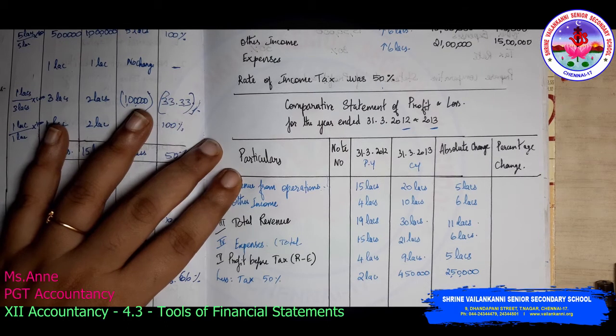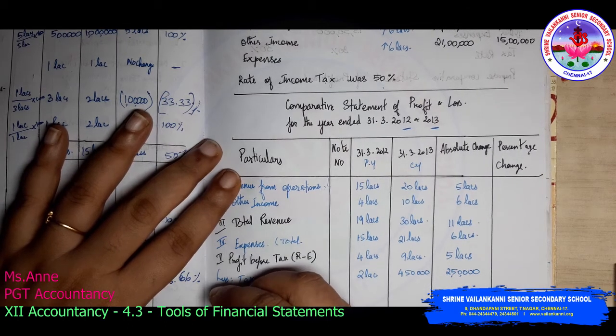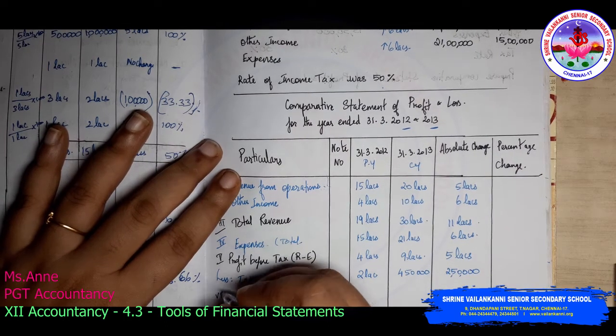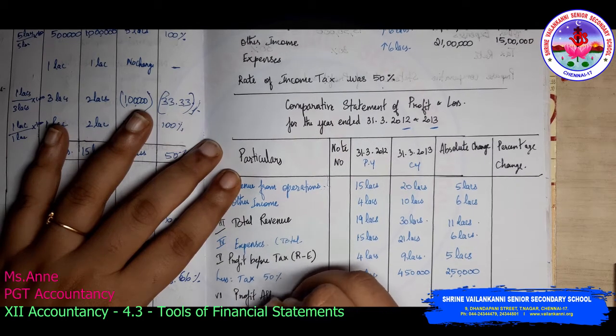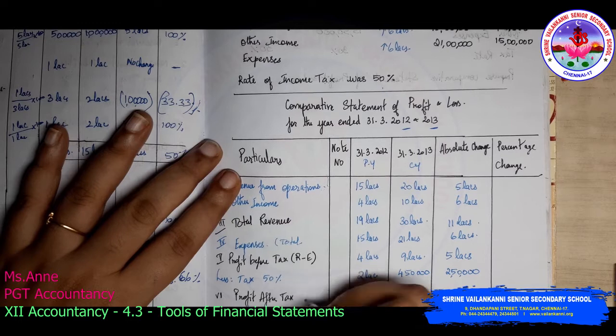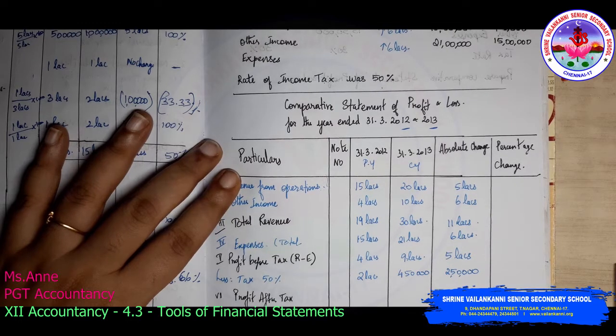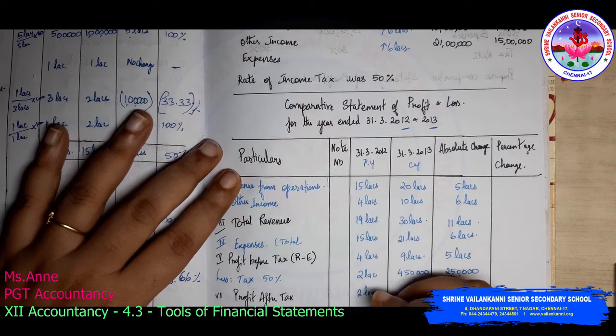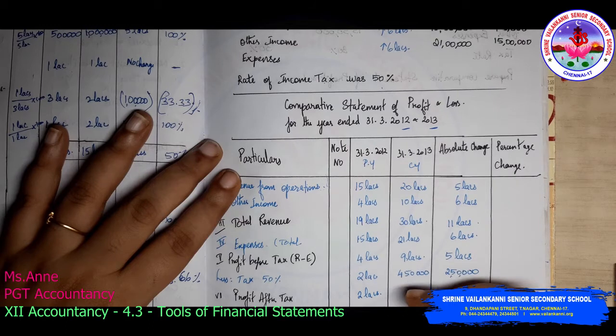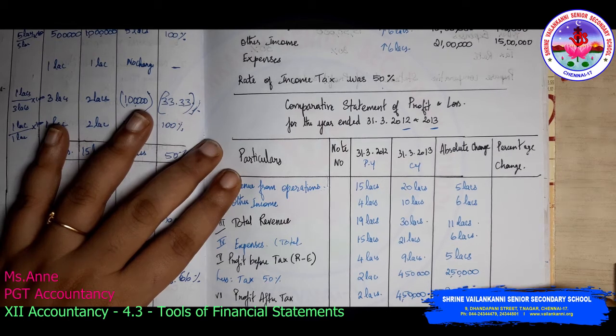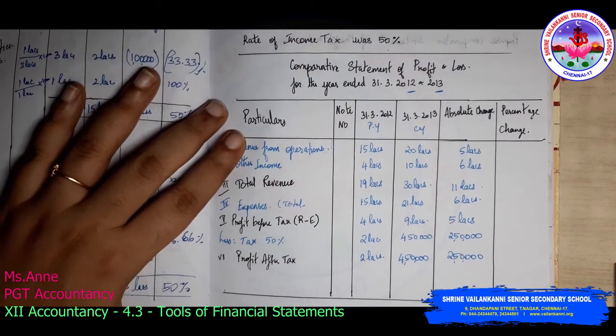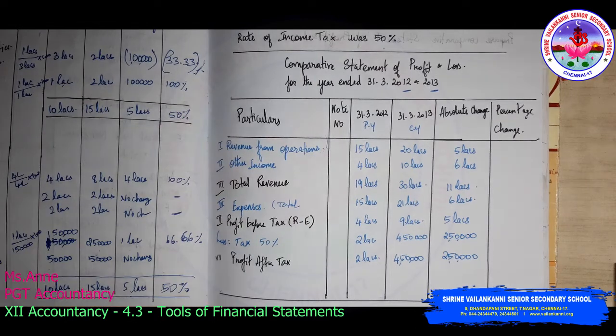And finally my profit after tax will be 2 lakhs, 4 lakh 50,000 and 2 lakh 50,000. So this is the basic framework of what we have to do.